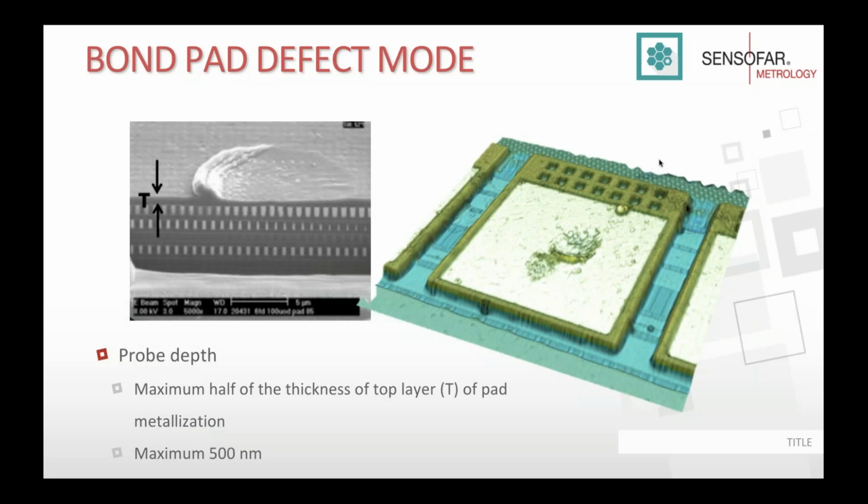For defect mode analysis, what we're looking at here is a bond pad defect. These are probe depths where it is important to understand how close that impression came to the underlying chips. Now, we see this commonly in, for example, the cell phone industry, where if the impression is too close, it could cause a failure.